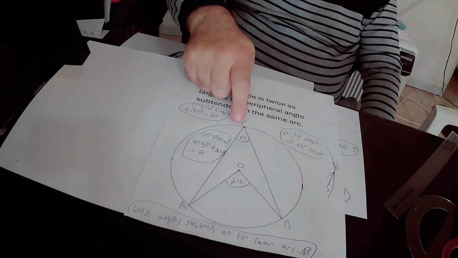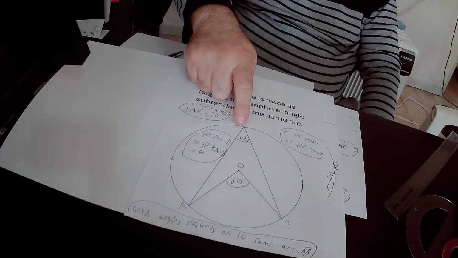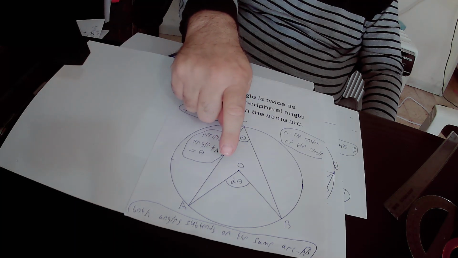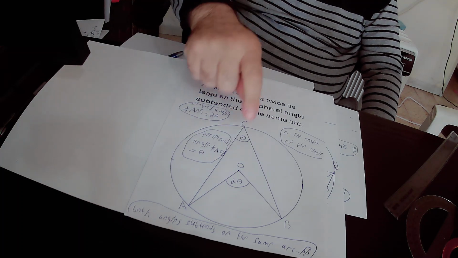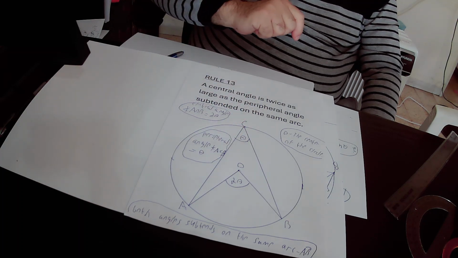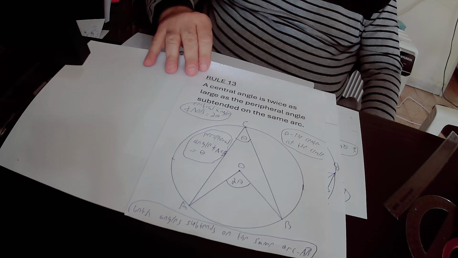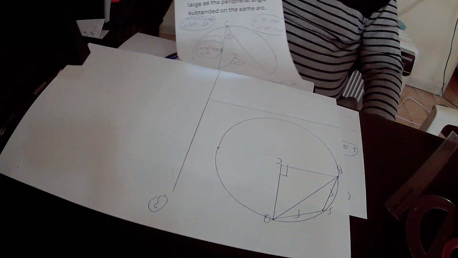Because this peripheral angle equals theta, the central angle must be equal to 2 theta. It is twice as large as this peripheral angle ACB. So we can implement rule number 13 in our drawing.